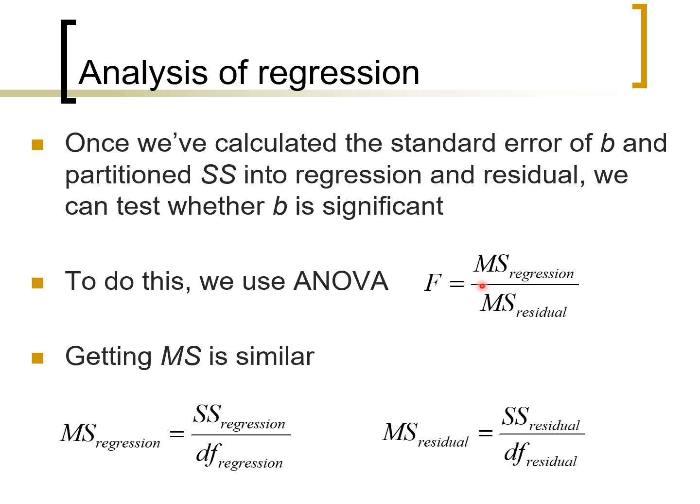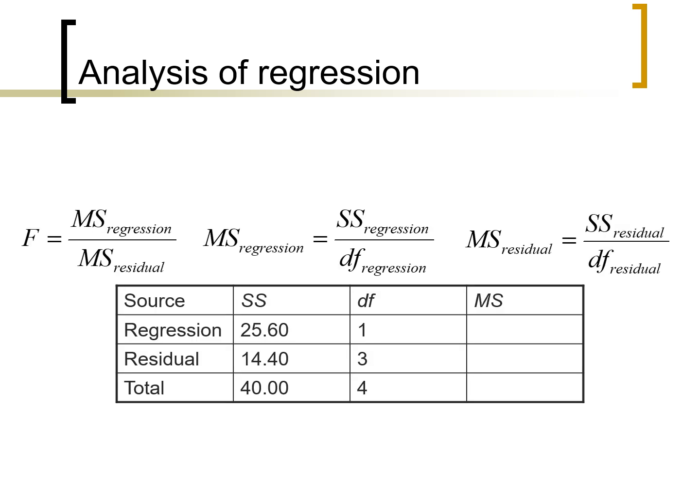So how do we get this mean square regression? How do we get the mean square residual? Well, we have to go backwards, and we have sum of squares regression over our degrees of freedom regression, sum of squares residual over our degrees of freedom residual. And if you're remembering back to analysis of variance, if you're thinking that looks like values in our analysis of variance table, you are exactly right.